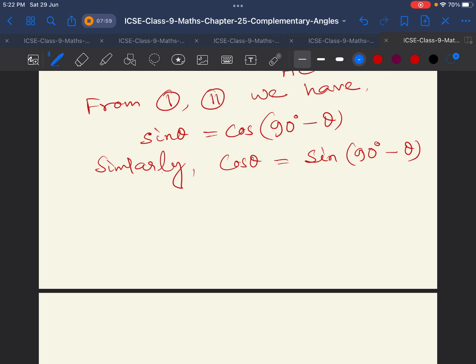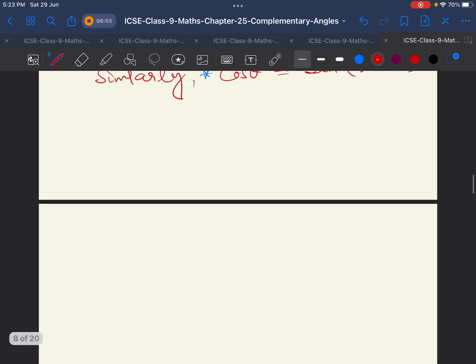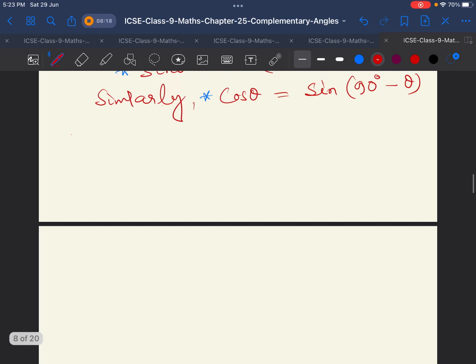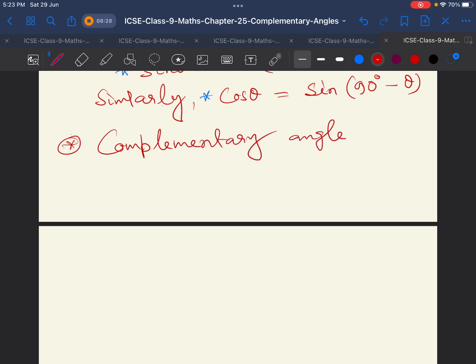Now we can see the complementary angles of tan theta and cot theta. So we see the complementary angle of tan and cot.